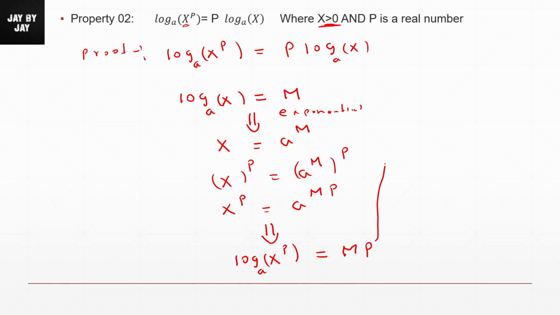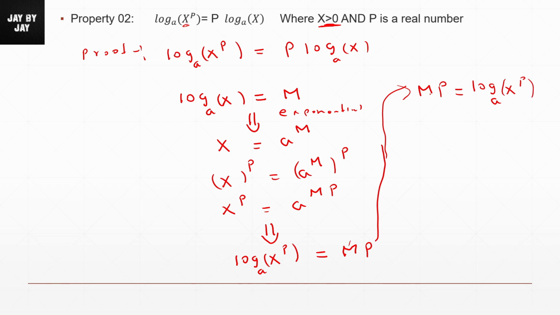I am going to drag it down here. Here we have previously defined the value of m as logarithm base a of x. So mp equals log base a of x to the p here.